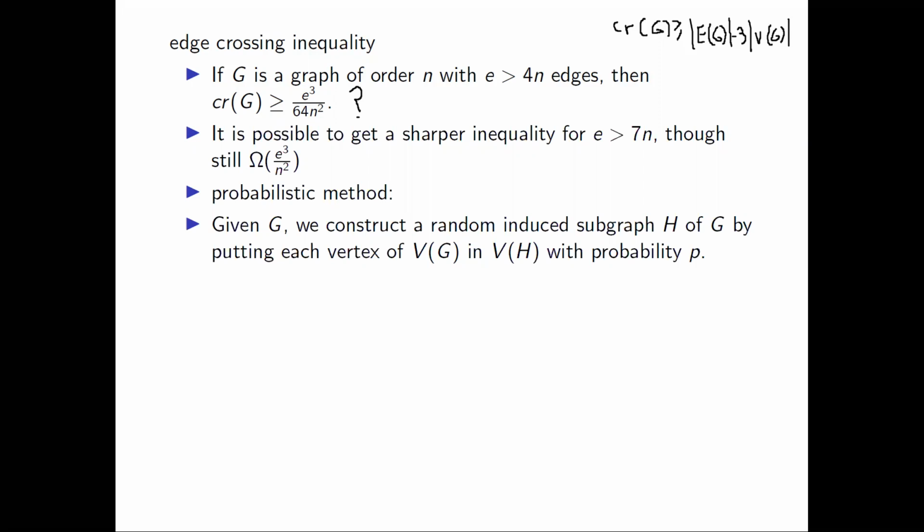We can consider the vertex set of our graph G, and each vertex in G, we put it in our random induced subgraph independently with probability p. So each vertex gets included in the subgraph independently with probability p.